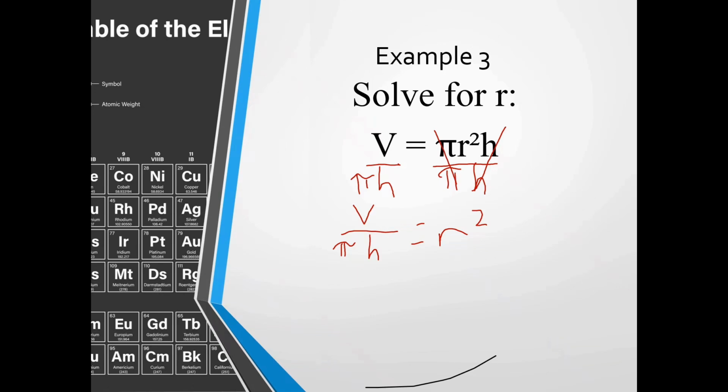The inverse of a square would be the square root, so we need to go ahead and take the square root. So then we know r is equal to the square root of v divided by pi times h.